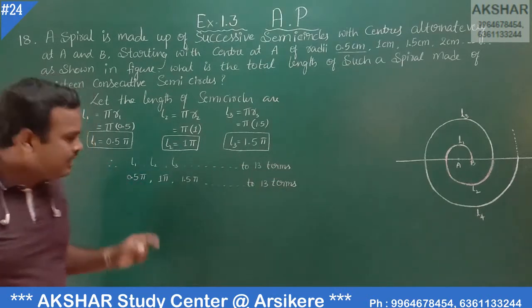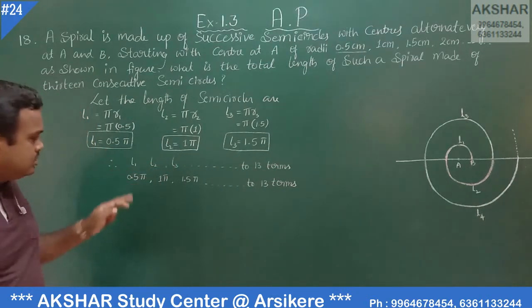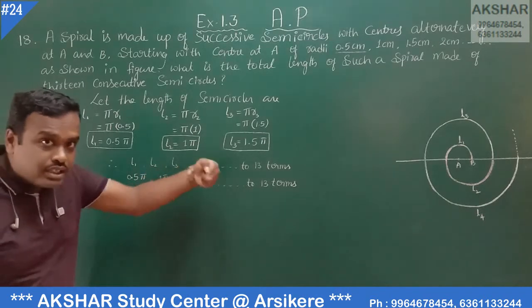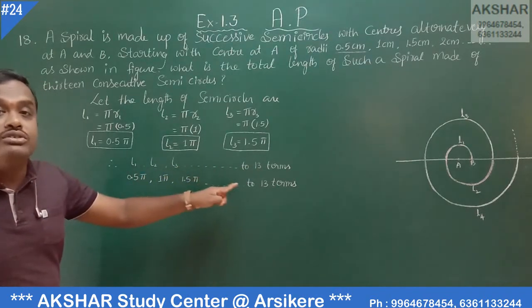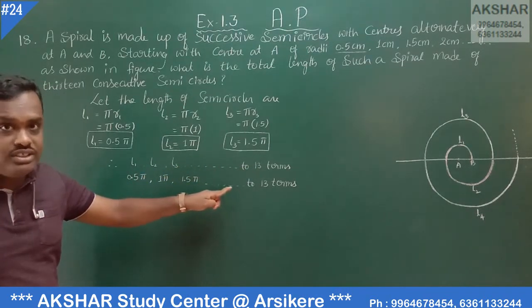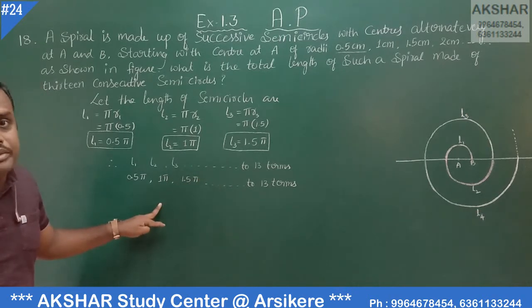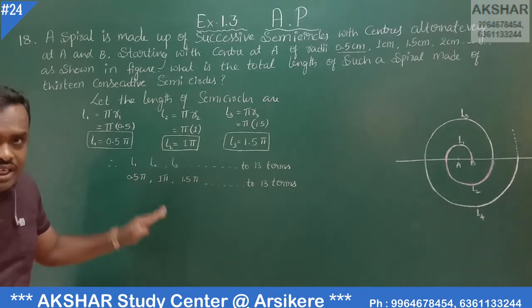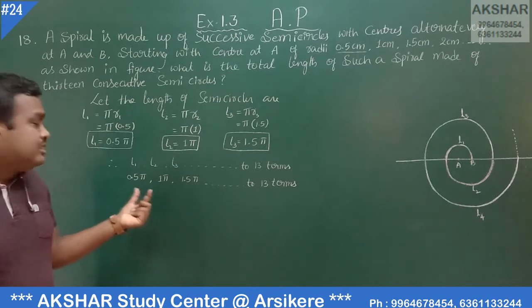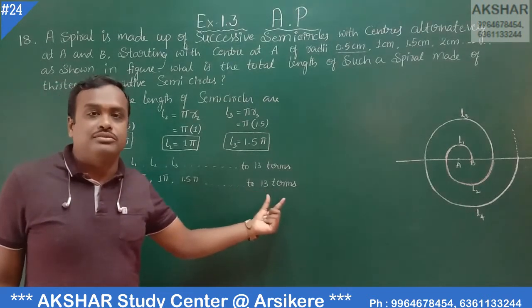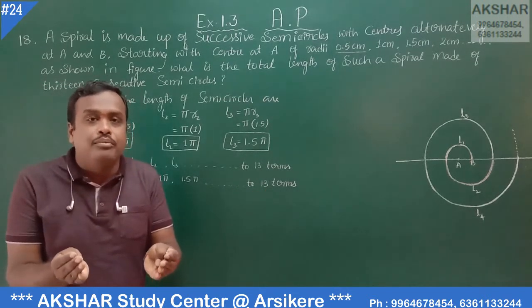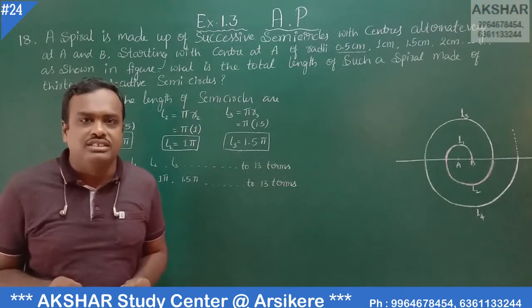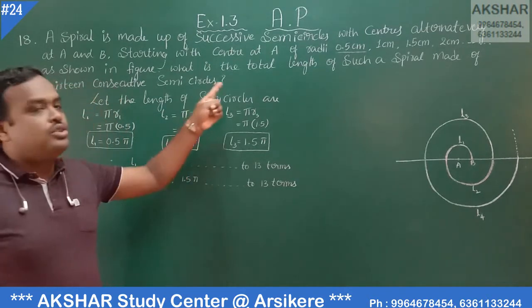You know very well this is in AP, because for each and every succeeding term, a half goes on increasing. So we conclude this is an arithmetic progression. Now I need to find the sum of these 13 terms.